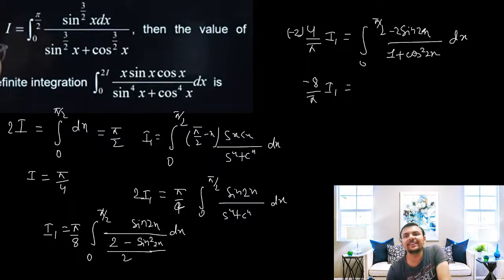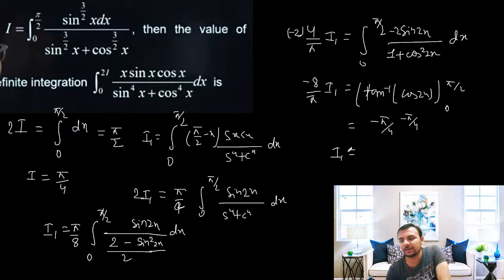So we can say that dt upon 1 plus t square is tan inverse cos 2x, and the limit is from 0 to pi by 2. At pi by 2 it is cos pi, which is minus 1, which gives minus pi by 4, and at 0 it is 1, so it is pi by 4. So we can get that I1 is nothing but minus pi by 2 into pi by 8, which is pi square by 16. So this is also a routine question.